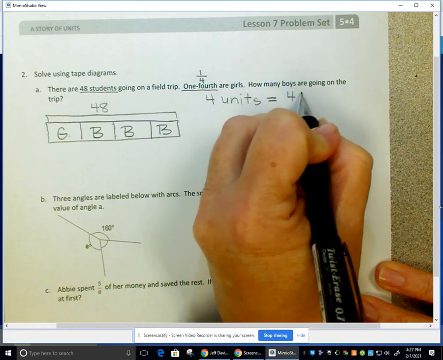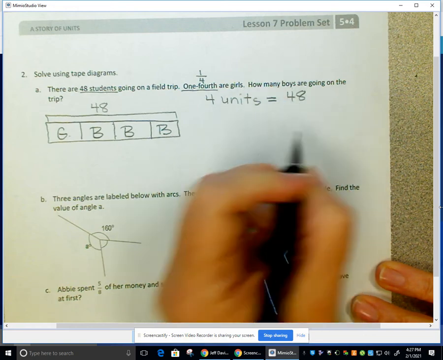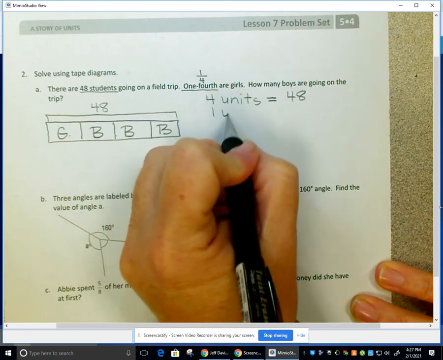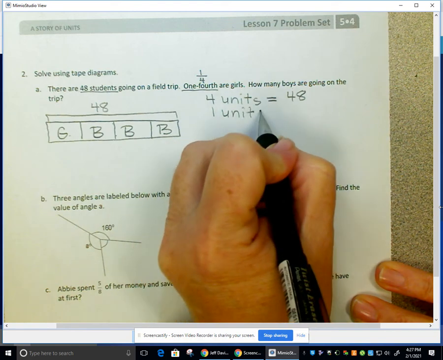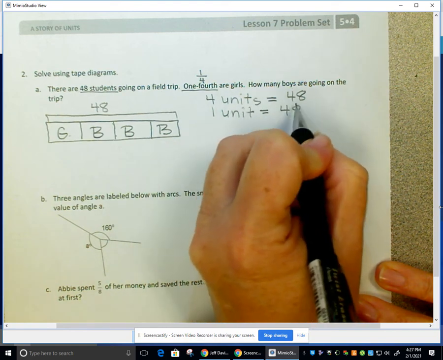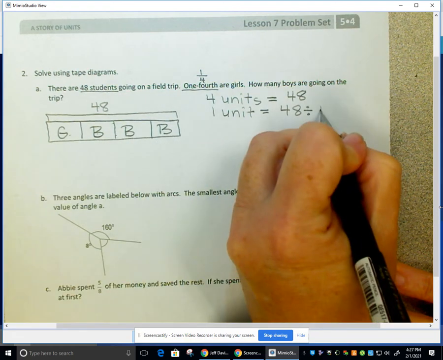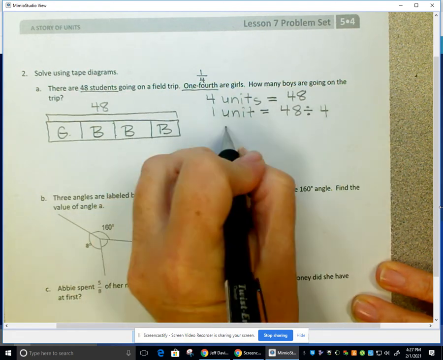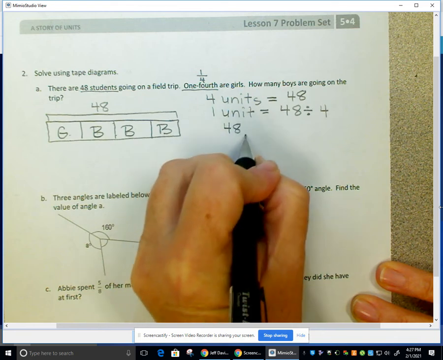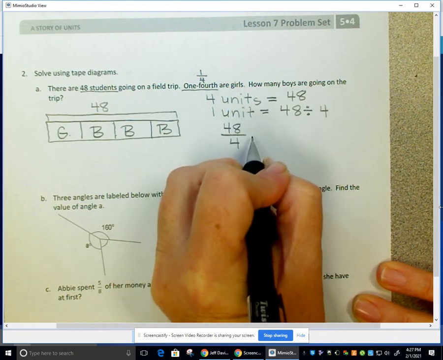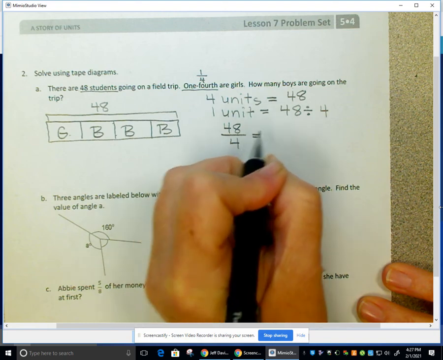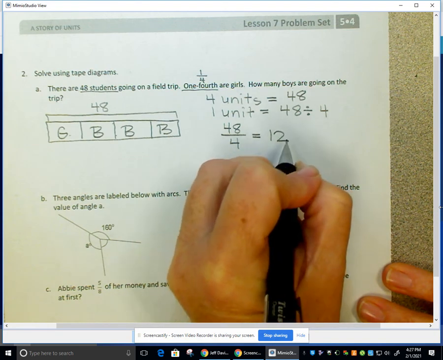We're doing this just like we did the front. And 1 unit would equal 48 divided by 1, 2, 3, 4. And we know that 48 divided by 4 equals, I hope you're saying 12.